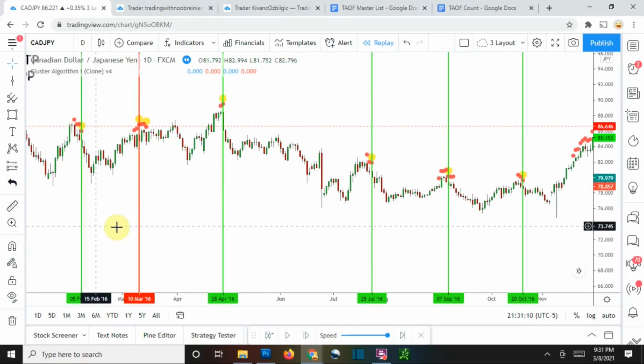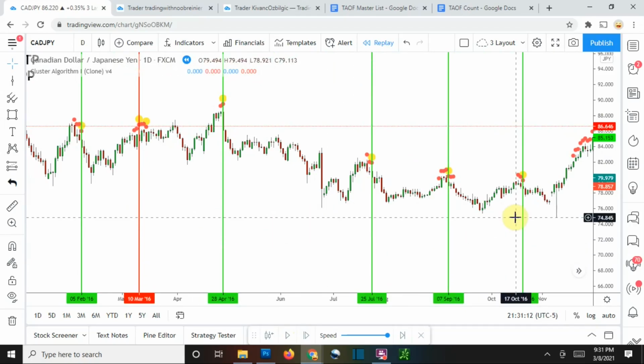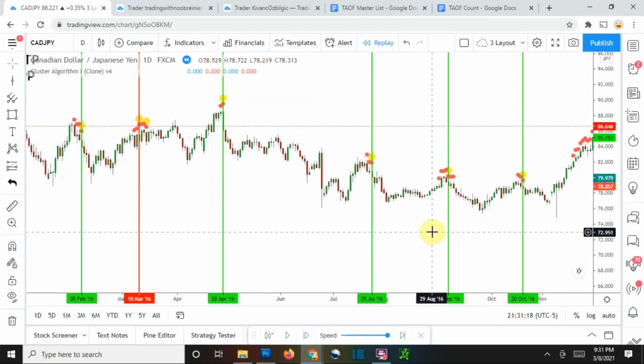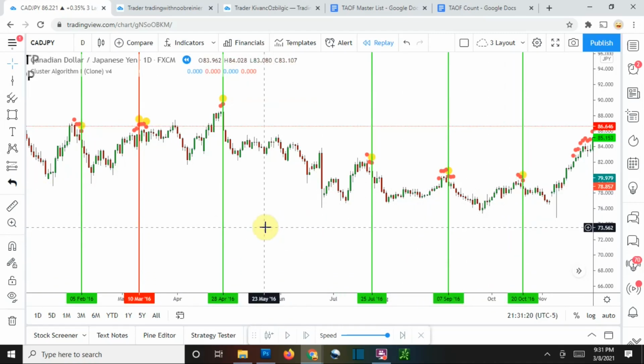So, we get 1, 2, 3, 4, 5, and 6 trades all together. And we get 1, 2, 3, 4, 5 winning trades. So, yeah, not too bad at all.